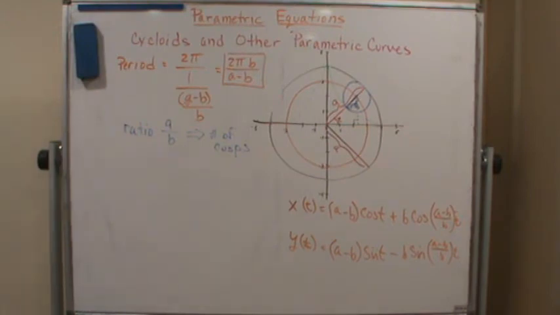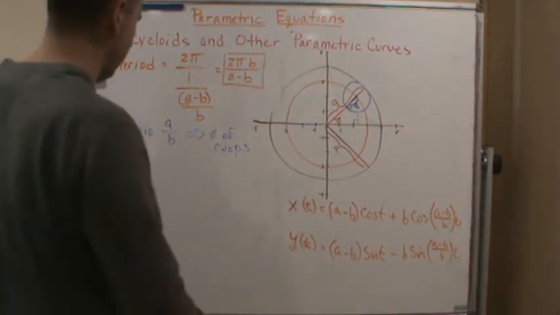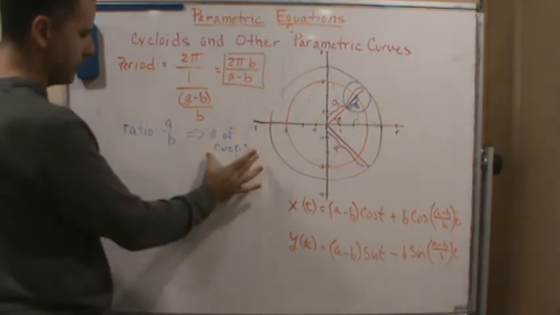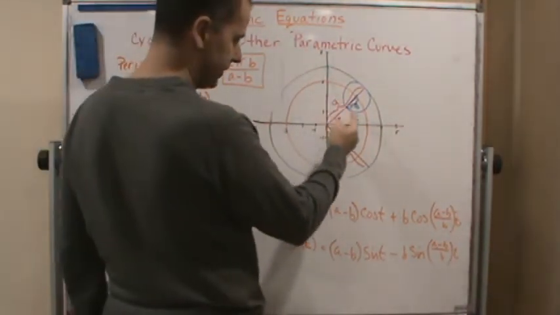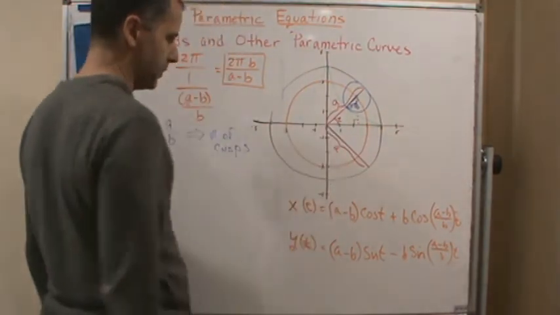Okay, for example, if A is 4 and B is 1, then that would tell you there are 4 cusps. For example, in this case, there are 4 cusps.